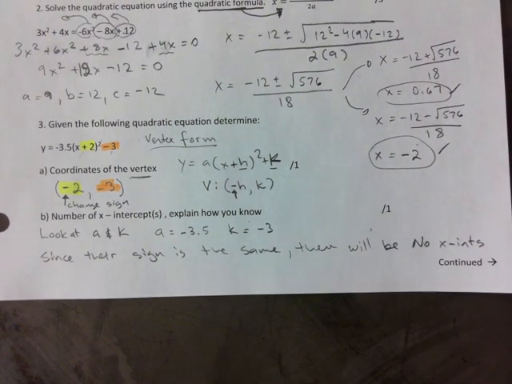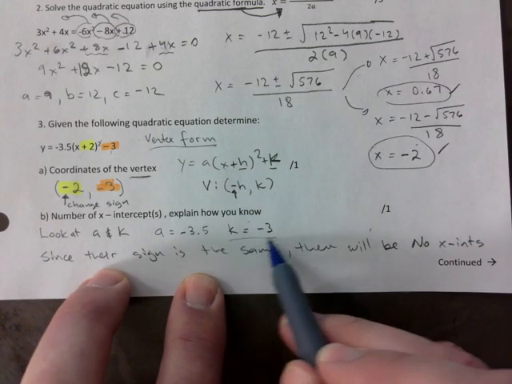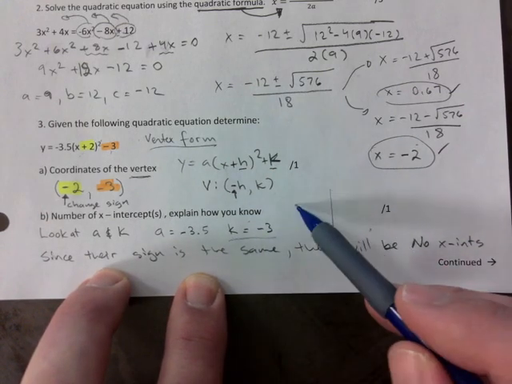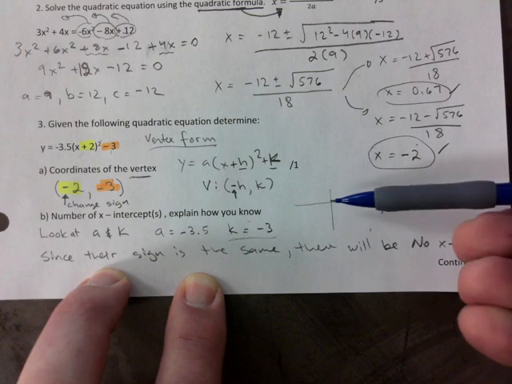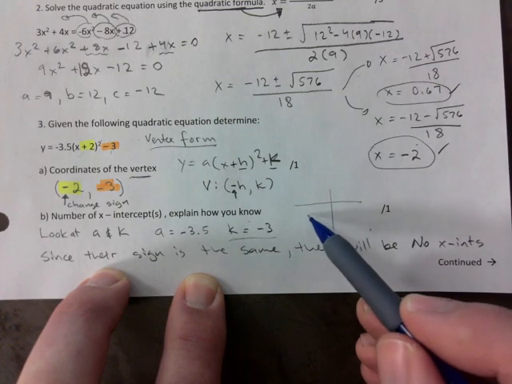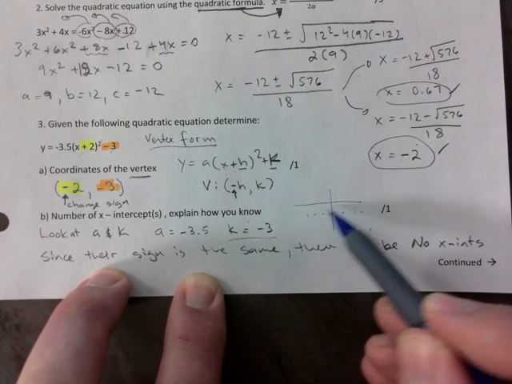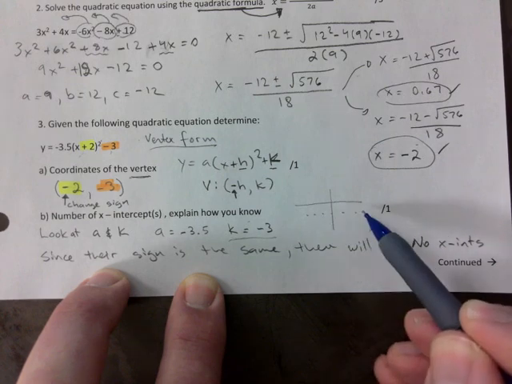Okay. We know this, and I think you should be able to also visualize this. If you have a negative k value, if this is your coordinate plane, you know that the vertex is going to be somewhere in here, at the -3 y level.